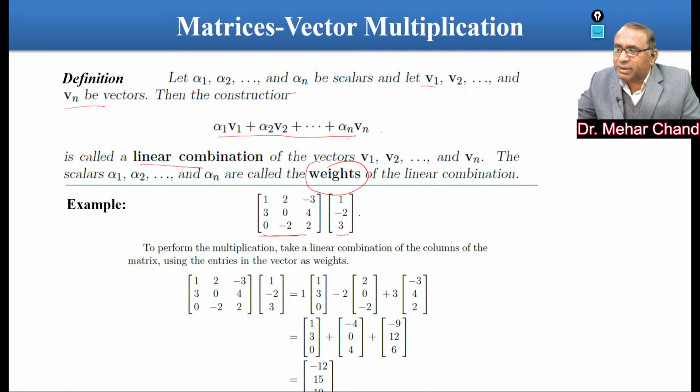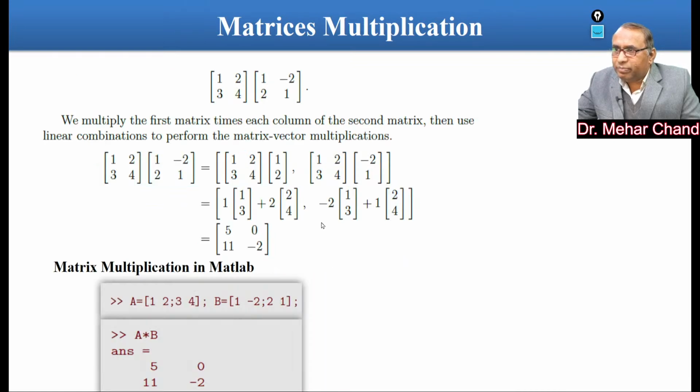So here you can see a very simple example. This is the matrix, and these elements are the vectors, and these are the scalars 1, minus 2 and 3. Sorry.